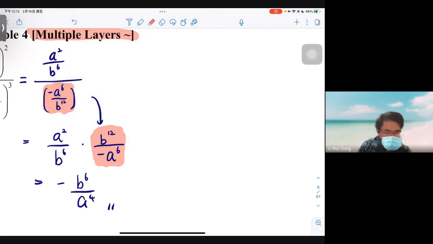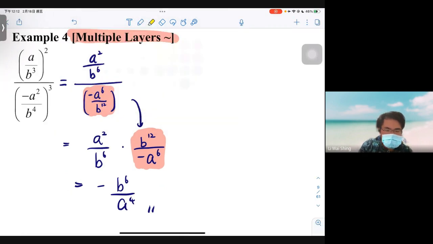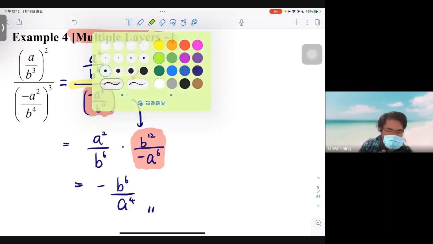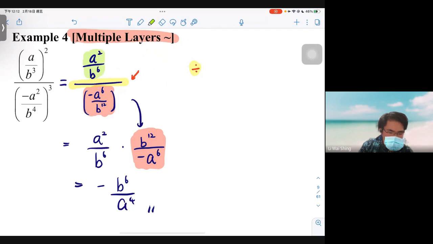Because when you see multiple layers, 當你見到超過2層嘅份數 you have a trick. For the longest division line, change it to divide sign. What would it be? It looks like this. The numerator, a squared over b^6, divided by the denominator, negative a^6 over b^12.